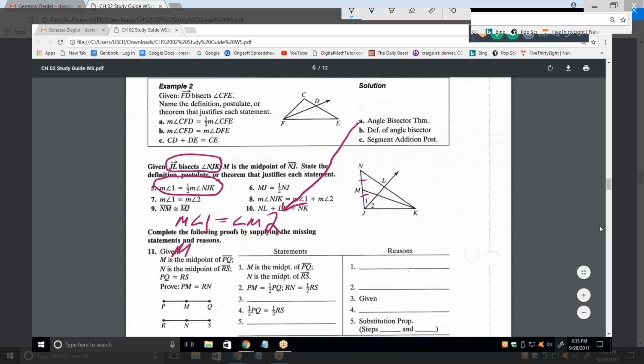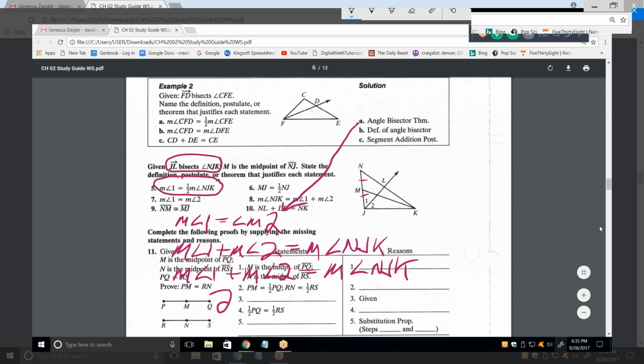Let's see, I know that the measurement of angle 1 plus the measurement of angle 2 is equal to the measurement of angle NJK based on the angle addition postulate. And if these two are equal, then I can substitute, and I can say the measurement of 1 plus the measurement of angle 2 equals the measurement of NJK.